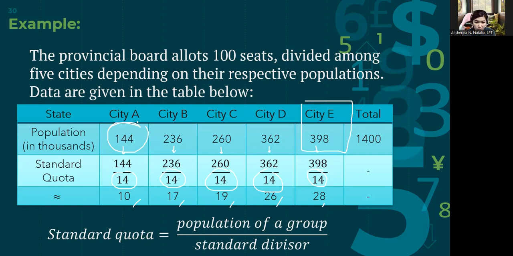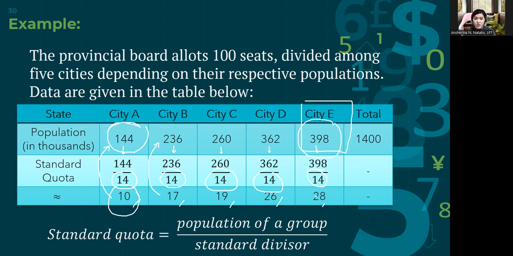Okay, so, we want to allot the rightful amount, or the right number of representatives for their city size. So, kung mapapansin niyo, kung ang city ay mas maliit, edi mas konti ang kinuhang representative.